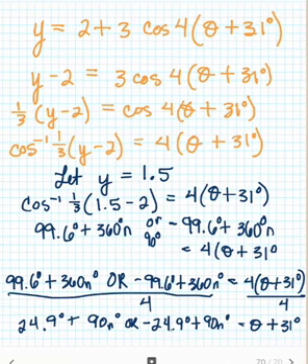And now subtract 31 degrees from both disjuncts. So I'm going to get here 24.9 minus 31, and I get negative 6.1 degrees, right? Plus 90n degrees, because I just subtracted the 31 degrees from the 24.9, okay?